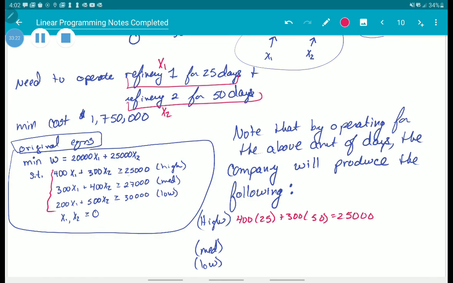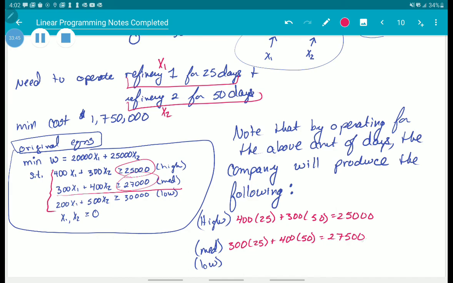So we're producing exactly 25,000 barrels of high-grade oil. In that medium grade equation, 300 times 25 plus 400 times 50 gives us 27,500. Remember, we needed at least 27,000.